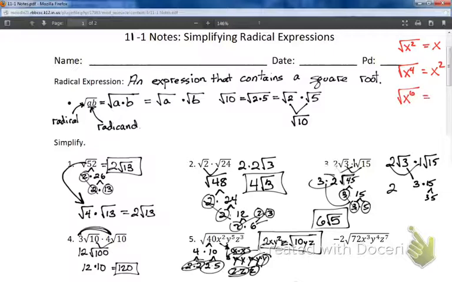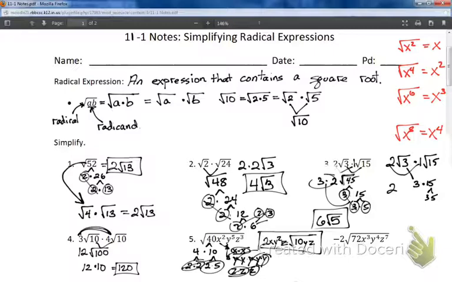Square root of x to the 6th is going to be x to the 3rd, because there's 3 pairs of x's. Same with square root of x to the 8th. You're going to have x to the 4th. It's just half of the number, the radicand, because there's that many pairs. If you have 8 x's, you have 4 pairs of x's.